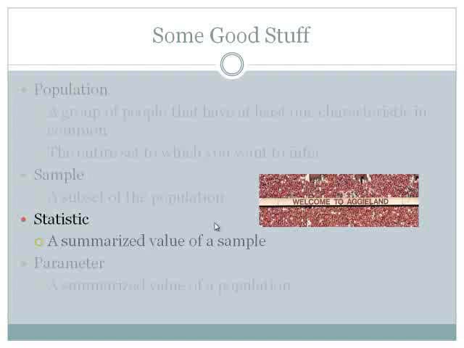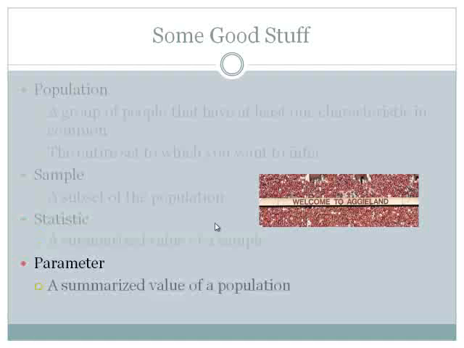So if we're talking about age, and we sampled Aggies and we asked them what is their age, and we calculated the average age of that subset, that would be a statistic of our sample. And then lastly is the term parameter. Parameter is a summarized value of a population. So if we had access to all Aggies, found out their age, added all those ages up, divided by the number of Aggies, and we knew the average age of all Aggies, that would be a parameter of the population.